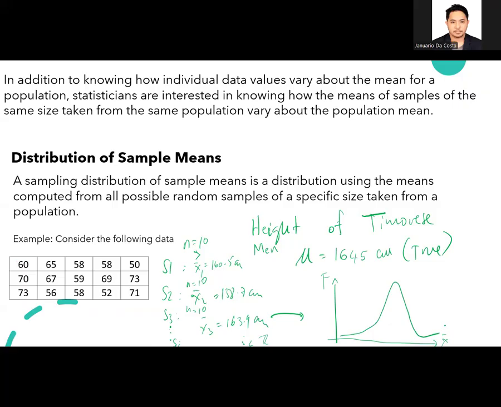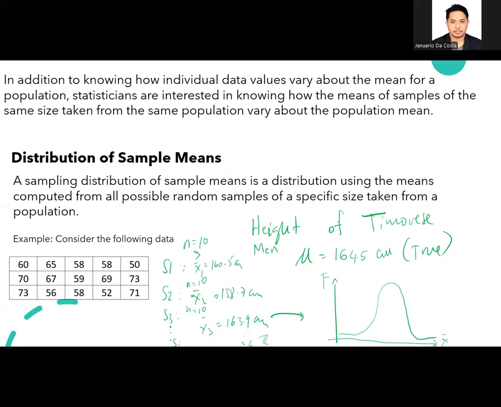This is the foundation idea of the central limit theorem. If you plot all of these sample means, x1, x2, x3, and so on and so forth, this will give you a normal distribution.